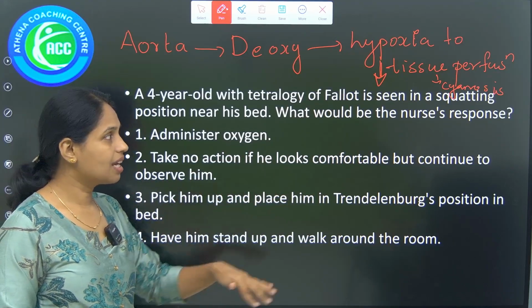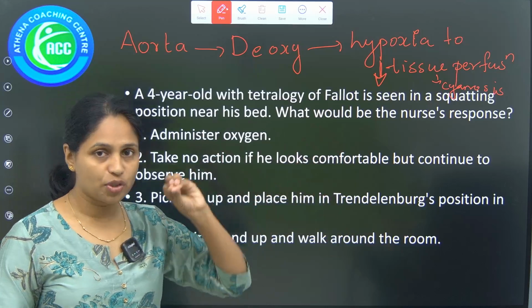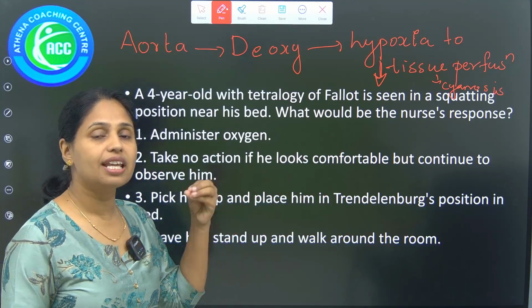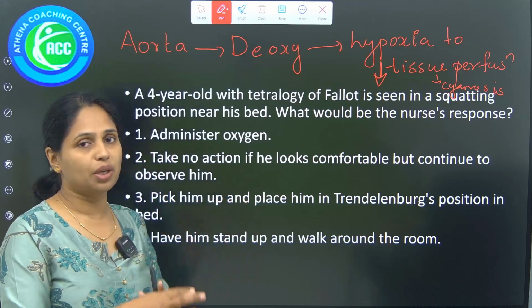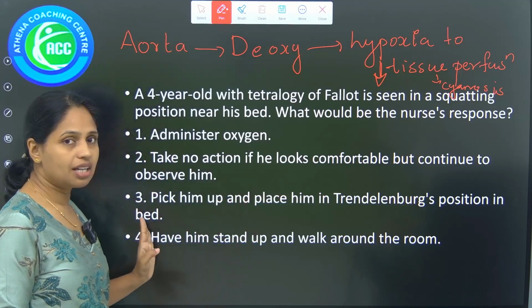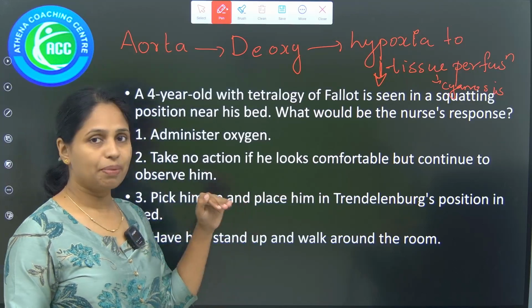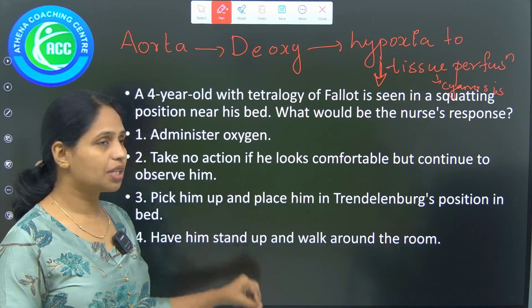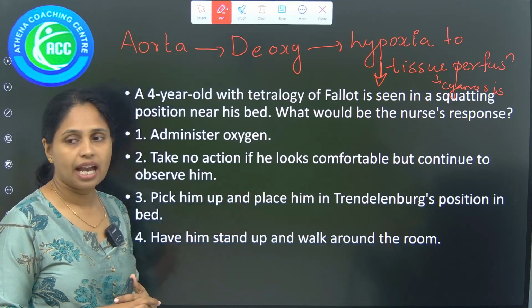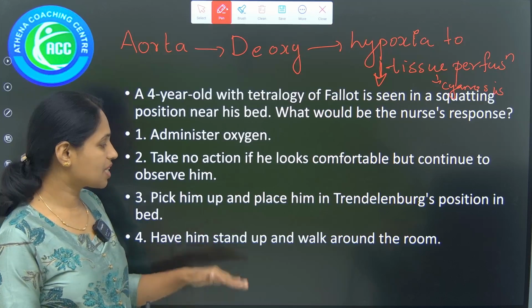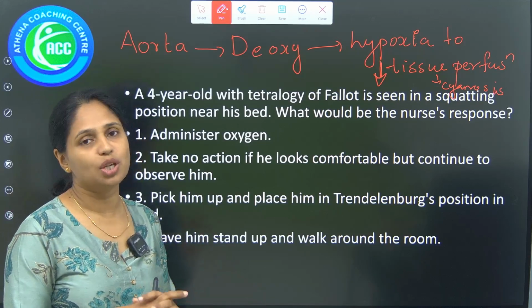Okay, I said squatting position is a position which is literally necessary in a cyanotic situation to reduce cyanosis. Okay, and third is pick him up and place him in a Trendelenburg position, which is head-low position in a bed. And next is have him stand up and walk around the room.